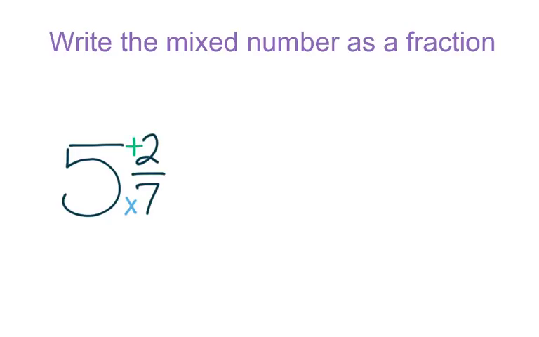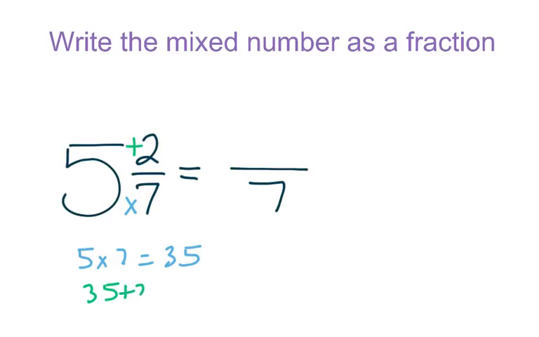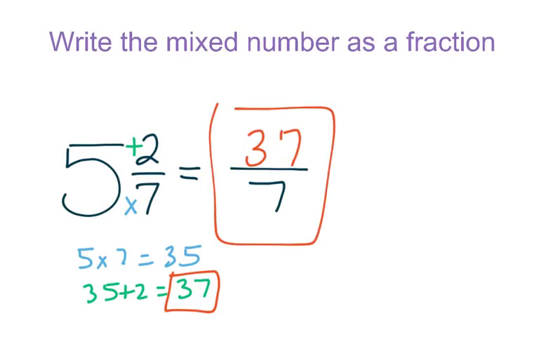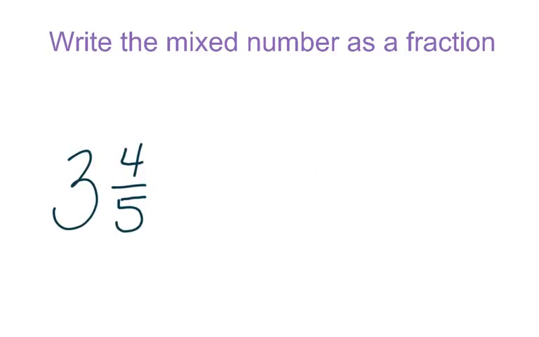And that's going to help me find my final answer, which is going to have a denominator of 7. So I'm going to write down here 5 times 7. That gives me 35. And then 35 plus 2 more. That gives me 37. And my 37 becomes my new numerator. So I have 37/7.